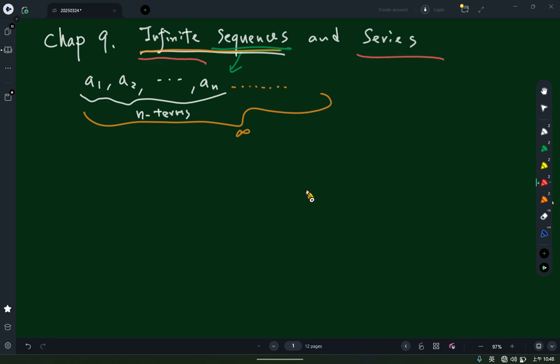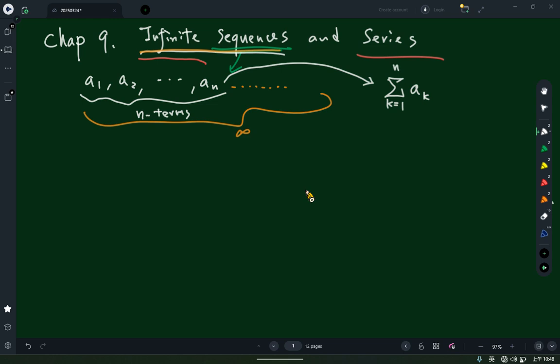The series, I believe you also know that for a finite sequence, of course, we have a finite series. So for example, I ask you to calculate the sum from term 1 to term n.